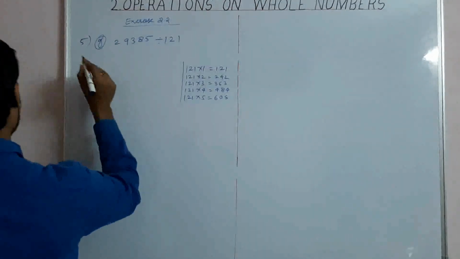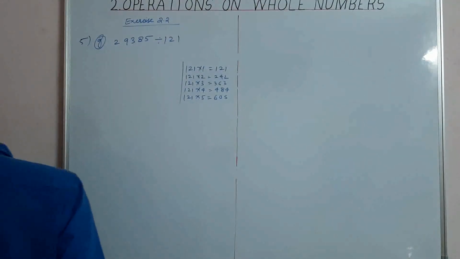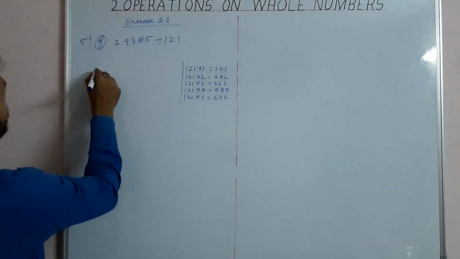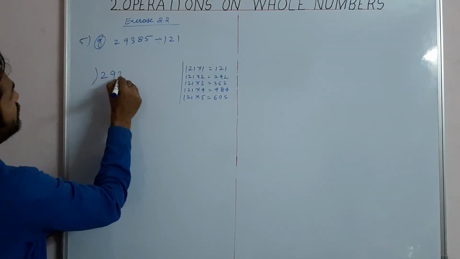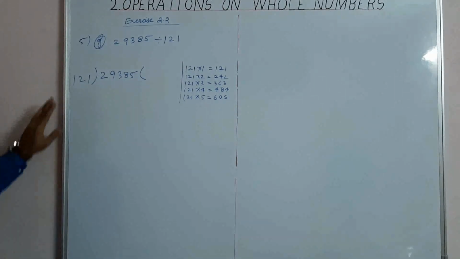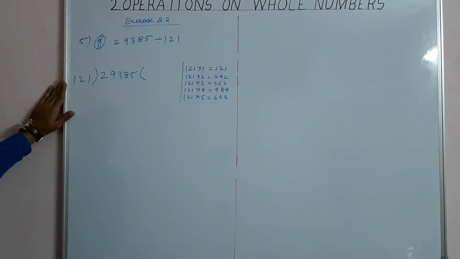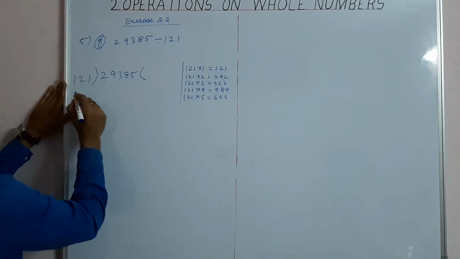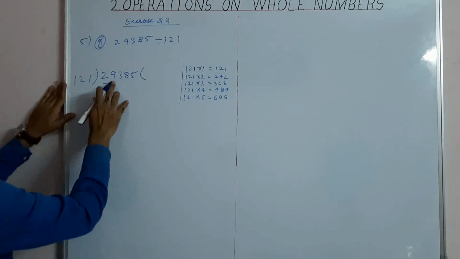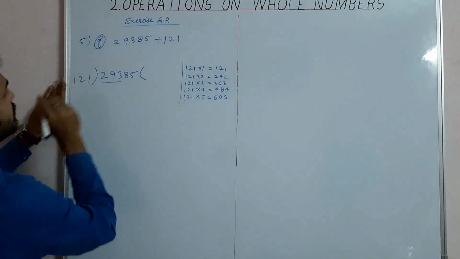Next we will solve fifth question. Divide by division algorithm and verify by multiplication. So we'll write 29385 and 121 here. The first thing we have to do is check whether 2 is greater than 121 or not. No. So we'll take 29. Again no. So we'll take 293.